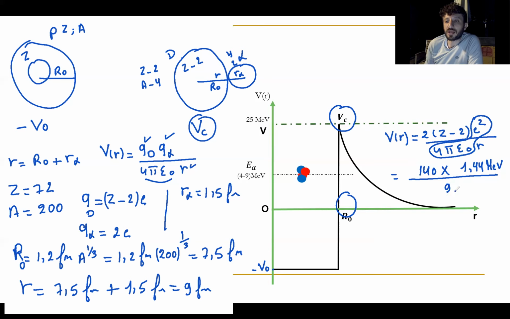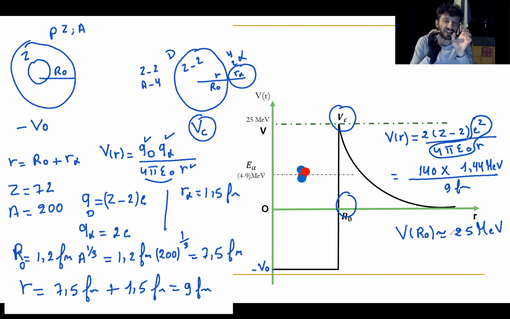R equals 9 femtometer. We get finally V at R0 equals 25 mega electron volt. Like this we can have an idea about the radius and about the maximal Coulombic potential energy, which is at the surface of the radius of the parent nucleus.